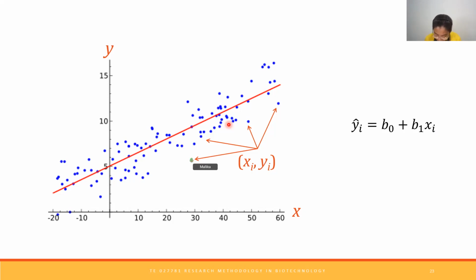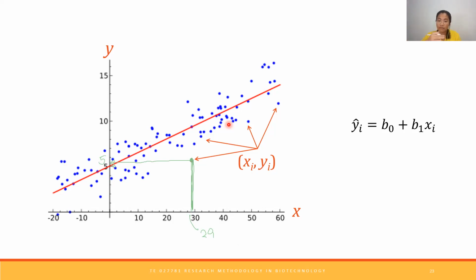This data belongs to an x value of roughly 29. In the actual experiment, when your x is 29, your y is about 5. The other blue dots will have different x and different y.